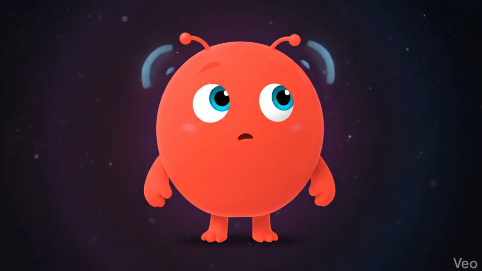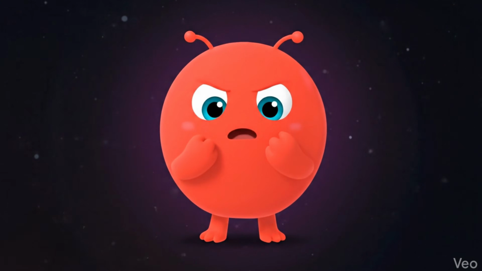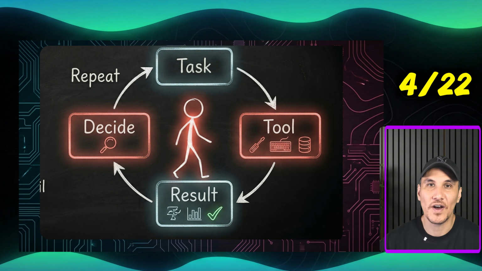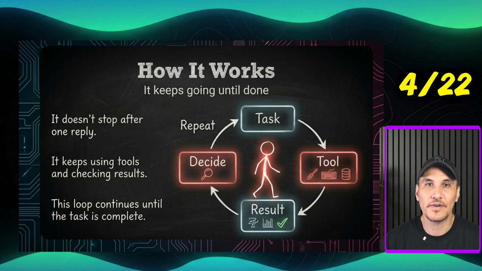After that, it checks the outcome and asks, did that work? If the result isn't right, it adjusts. It chooses a new action and tries again, and continues that cycle until the task is actually finished. You don't need to step in or guide it at any stage. The system keeps progressing on its own until it reaches a complete result. That loop is what transforms it from something that simply responds into something that can actually carry out work for you.